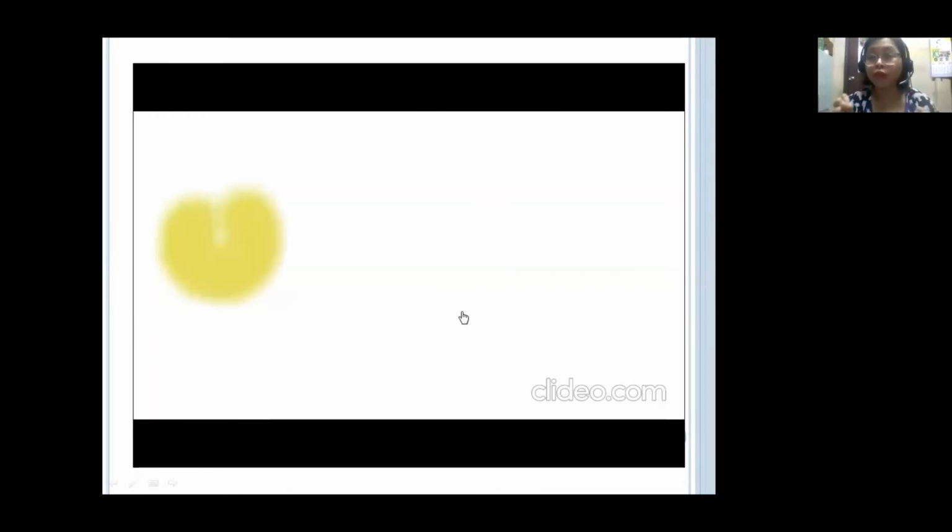Our eyes are more sensitive to blue colors. Even though more violet is scattered, our eyes detect the blue color more. That's why we see blue instead of violet. Okay, I hope that's clear.